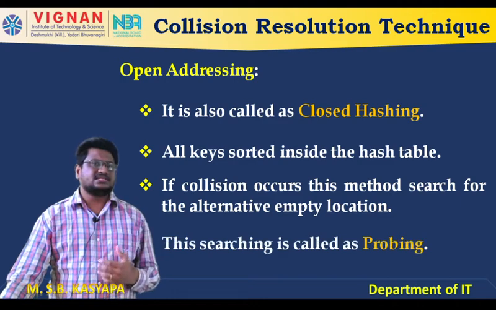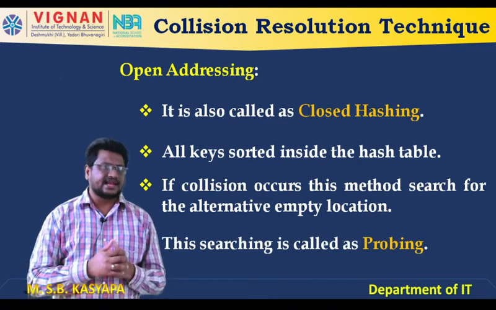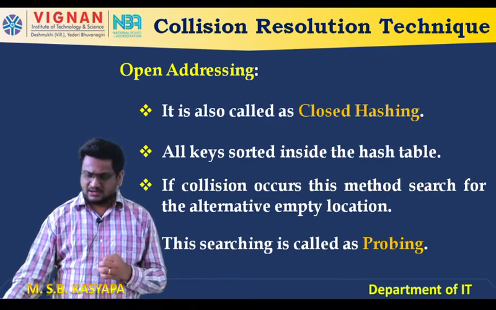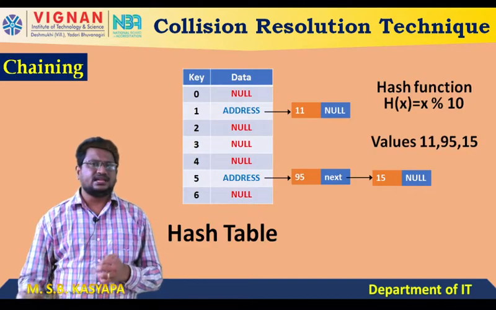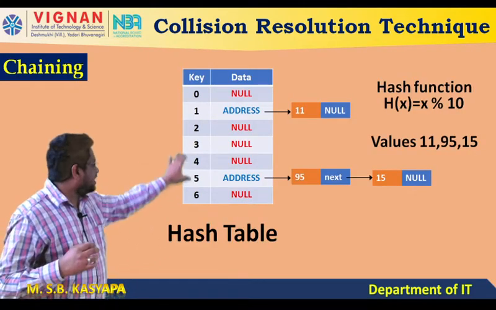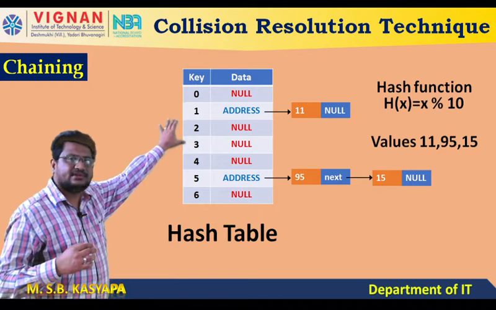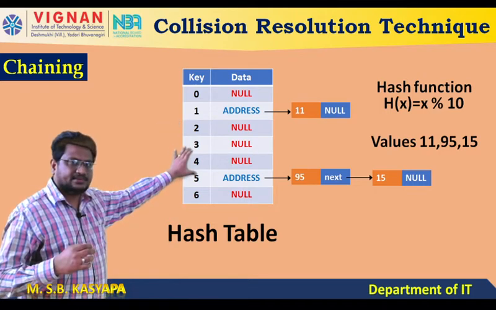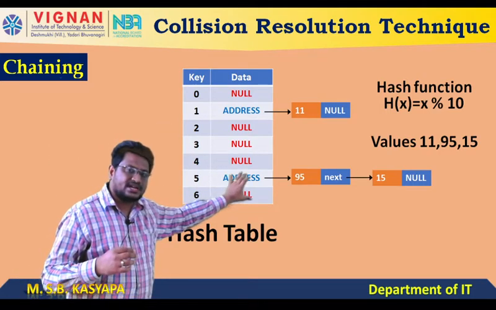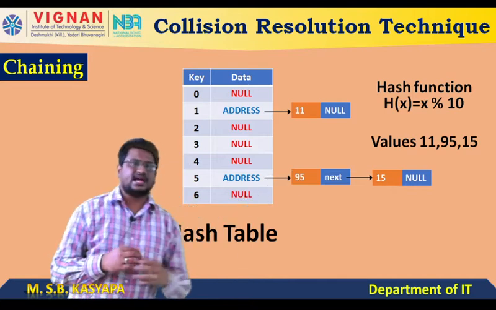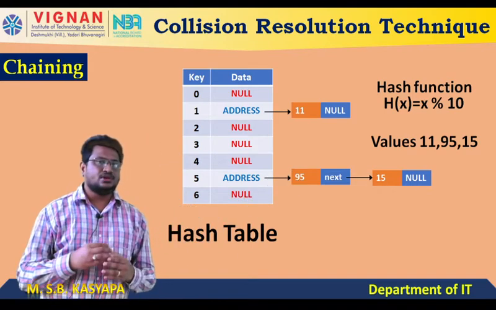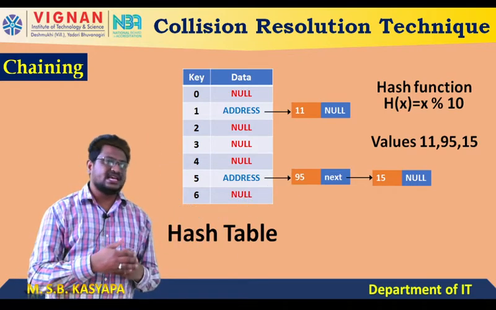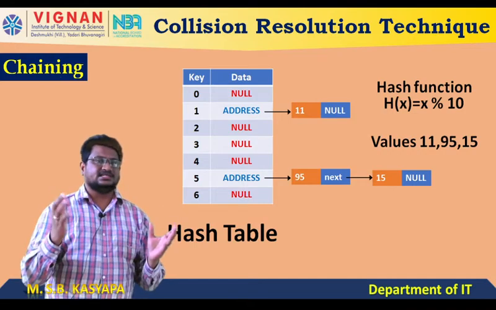Open addressing is a closed hashing. Now, let us see what happened in chaining. Here I have only 7 data fields, but I stored the data outside of the hash table. So the chaining process is open hashing.